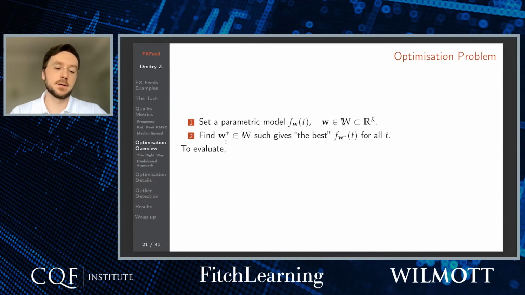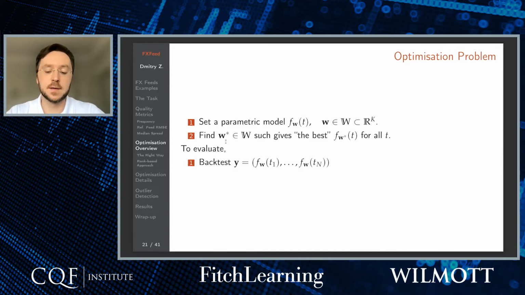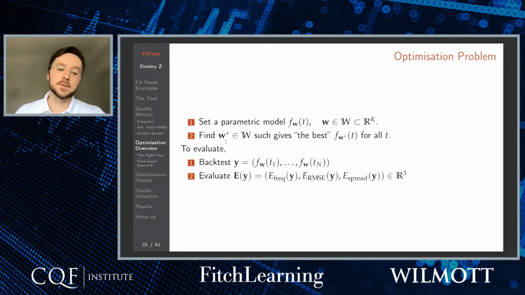Then the goal is to find W star, which gives the best value of the function for all time steps. To evaluate it, the procedure is very simple. We backtest our parametric model and obtain a very long vector. We then evaluate the three metrics that I suggested earlier.